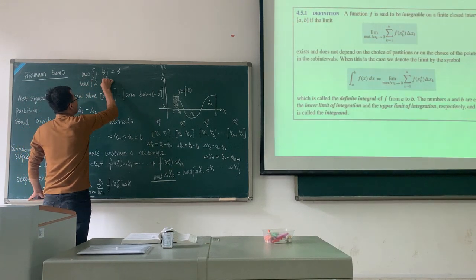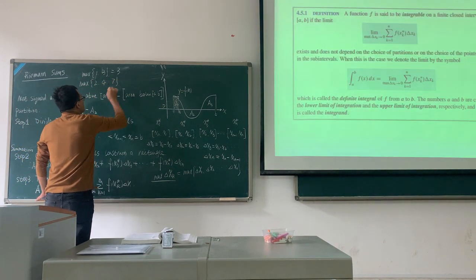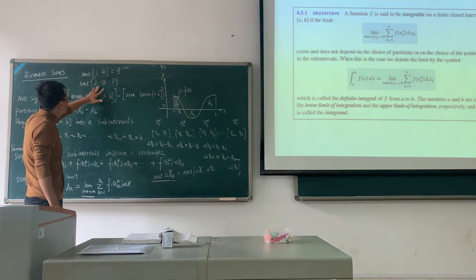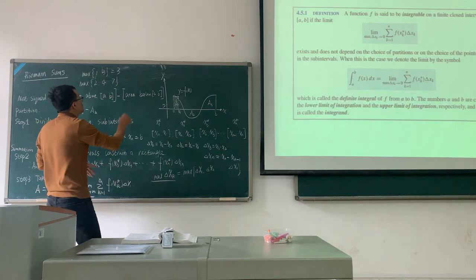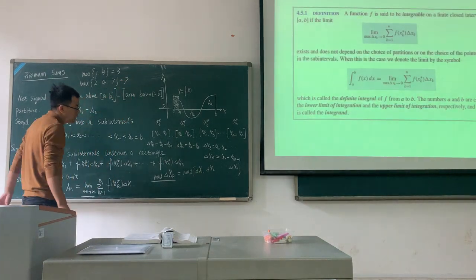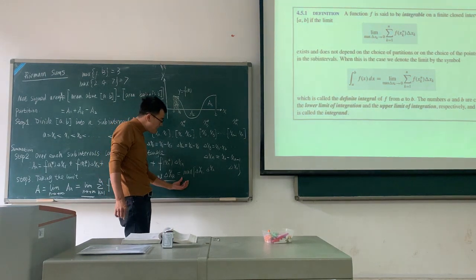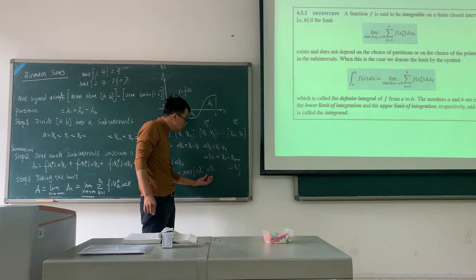For example, the maximum of 2, 4, and 7 means taking the largest number among 2, 4, and 7, so it equals 7. So max delta xk means taking the largest number among delta x1, delta x2, up to delta xn.